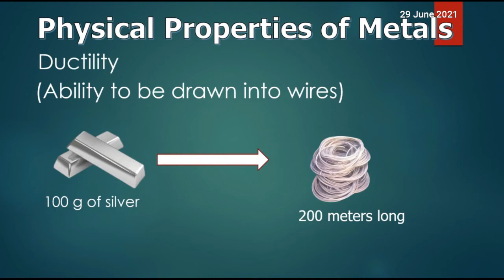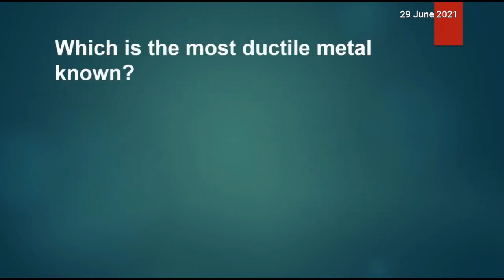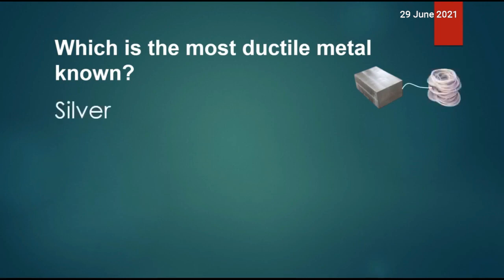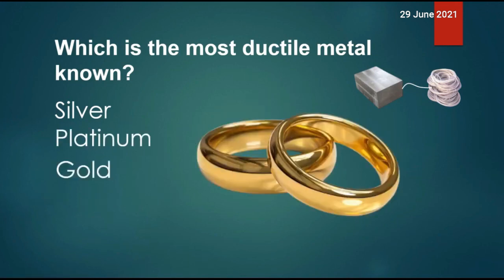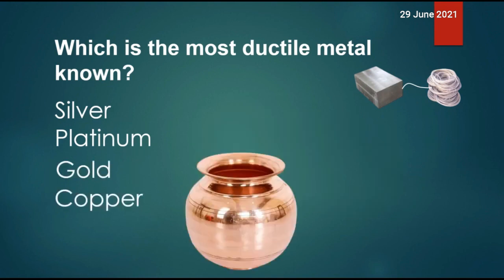But wait a minute, which is the most ductile metal known? Which metal can be drawn very well into wires? You all know ductility means drawing out of metal wires, right? Is it silver, or can it be platinum, or the third option is gold, or copper?